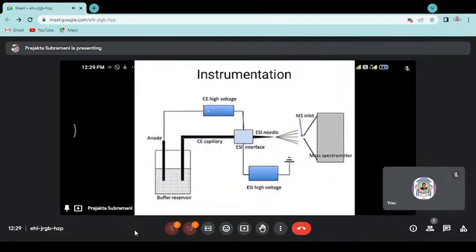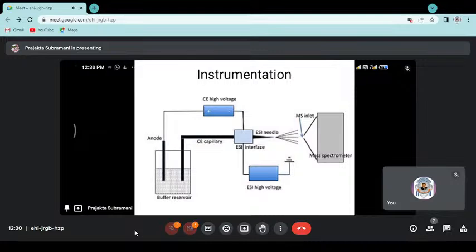Now this is the instrumentation of CE-MS. Here, this is the capillary electrophoresis. The voltage is applied to the sample solution, and then here it is coupled with the mass spectrometry with the help of this ESI needle.